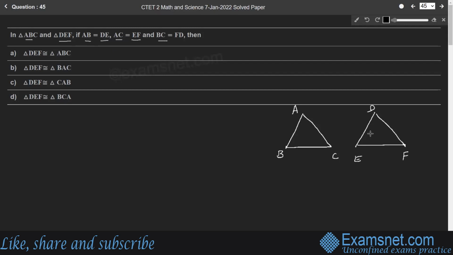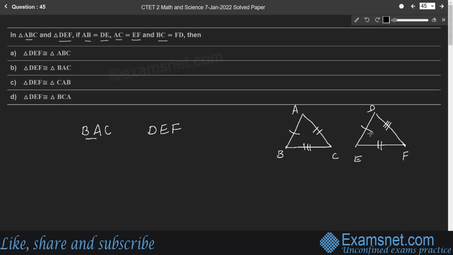So here AB is equal to DE, AC is equal to EF, and BC is equal to FD. So I'll consider AC is equal to EF, right? AC is equal to EF. AB is equal to DE. So I'll write B here. It becomes BA. The side BA is equal to DE.